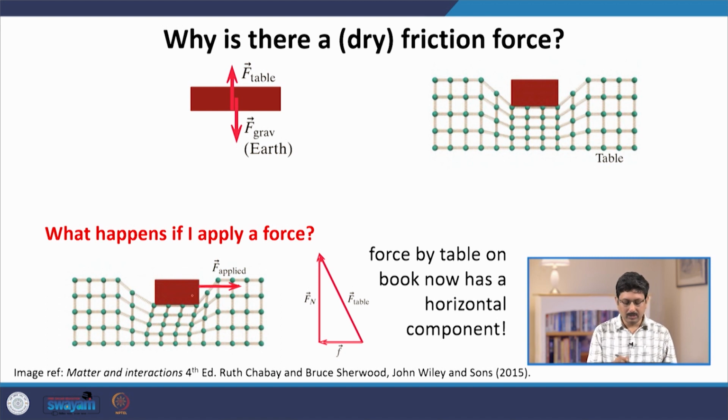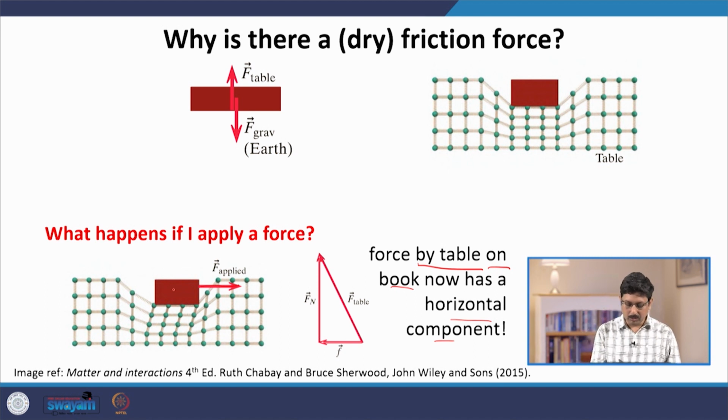Because of these new kinds of deformations, the force by the table on the book will have a horizontal component, because it will also try to remove the deformation in the sideways direction.